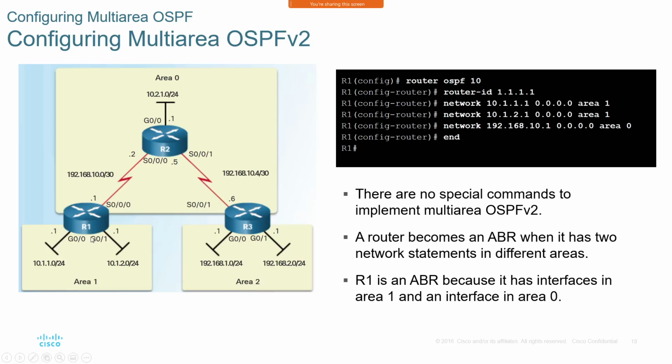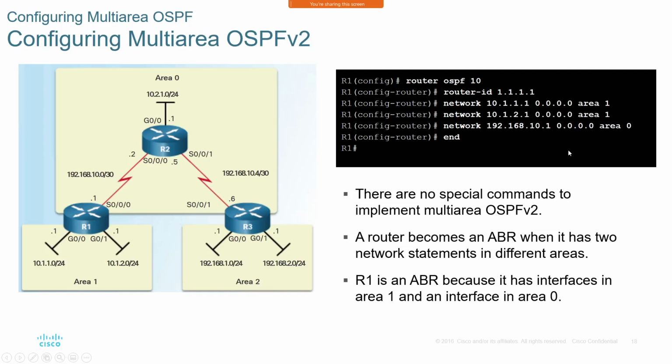The serial interface 0/0/0 does not belong to area 1. It belongs to area 0. So when we do the configuration in router 1, the networks that belong to area 1 are at the top, and at the bottom we have the network that belongs to area 0. So this router 1 is an area border router.